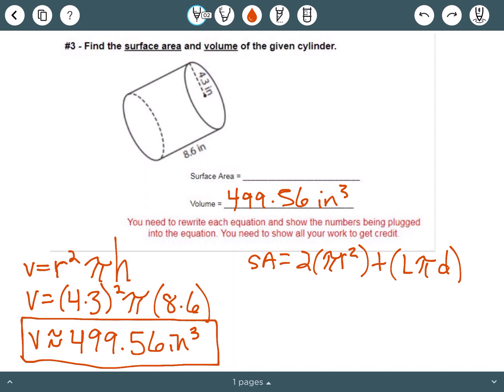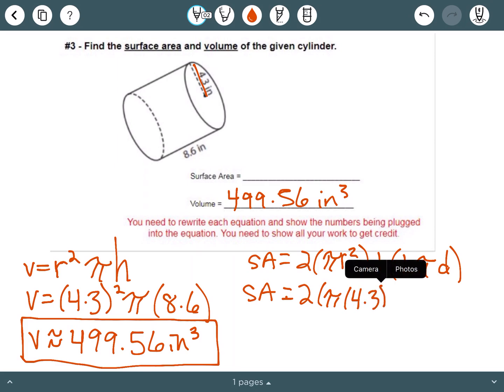So now at this point we can go ahead and start plugging in. So I'm going to have 2 pi times the radius. Now the radius they give us, right, because the radius is halfway across. So it's going to be 4.3 squared, and my parenthesis.